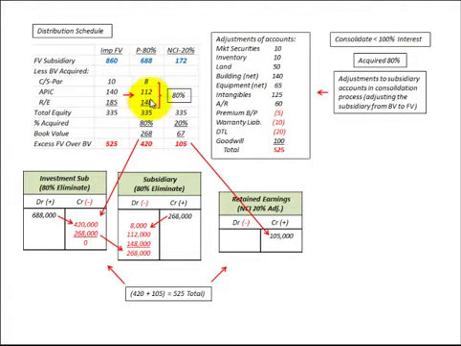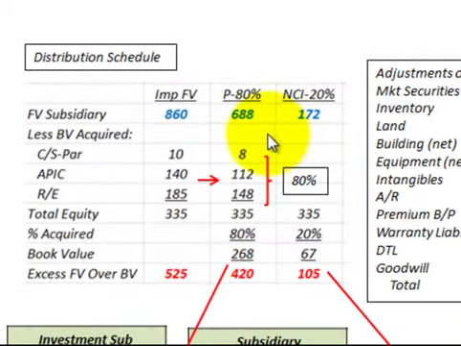Okay, next looking at the journal entries that we're going to have to make for this consolidation. So let's look at our distribution schedule and look at the parent's portion of $688,000. We're going to have to eliminate the book value of $268,000 plus the excess of the fair value over the book value of $420,000. So this $268,000 book value is 80% of the total equity that we're acquiring.